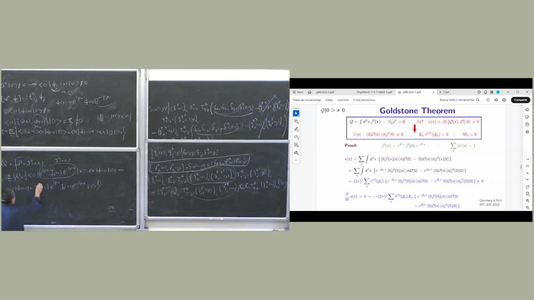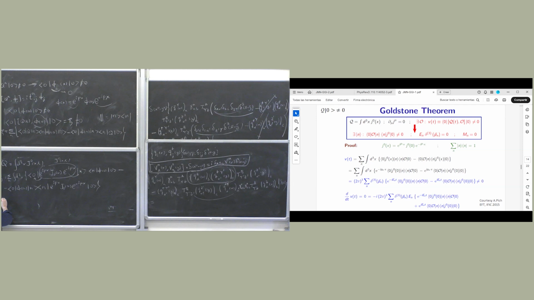Good. This is one. However, this is not zero, it is the full momentum of the state n. So there is still one.